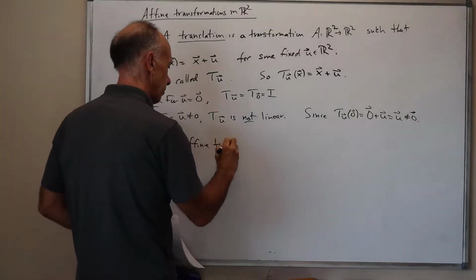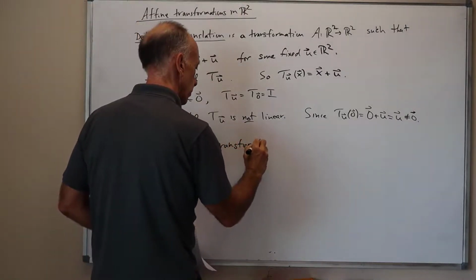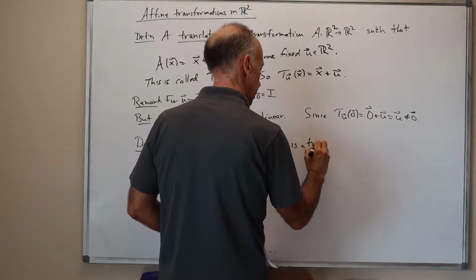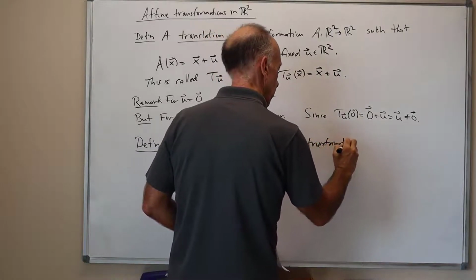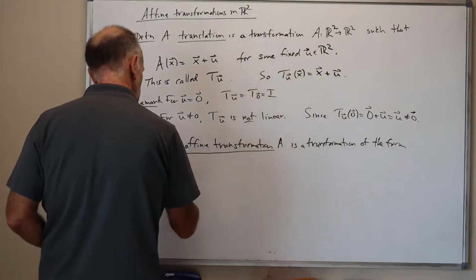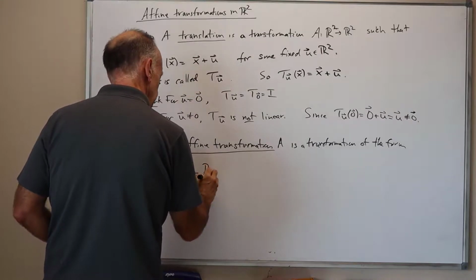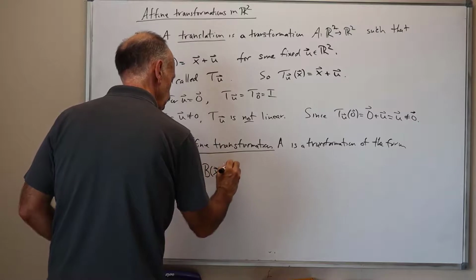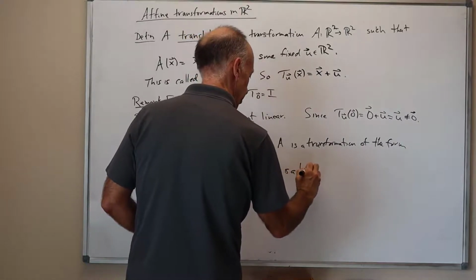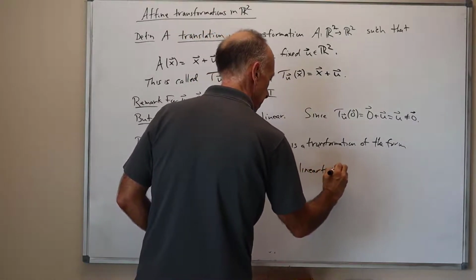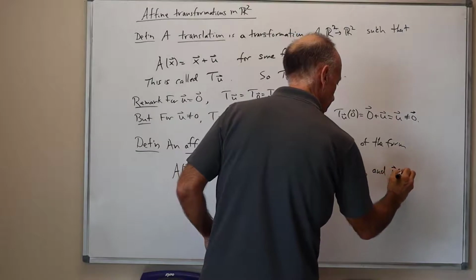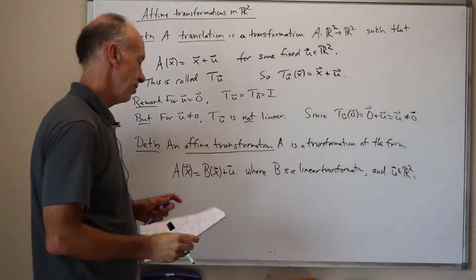An affine transformation A is a transformation of the form A of x equals B of x plus u, where B is a fixed linear transformation, and u is a fixed point in R2.